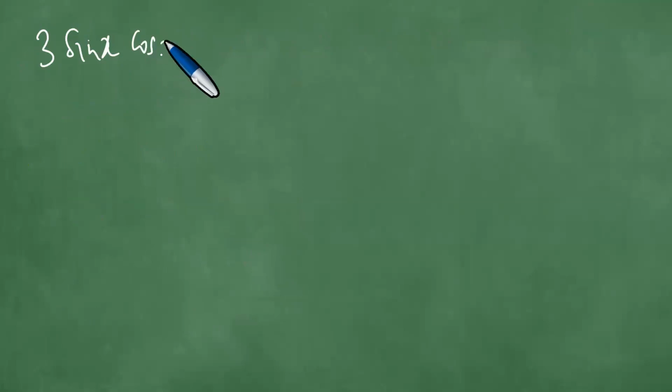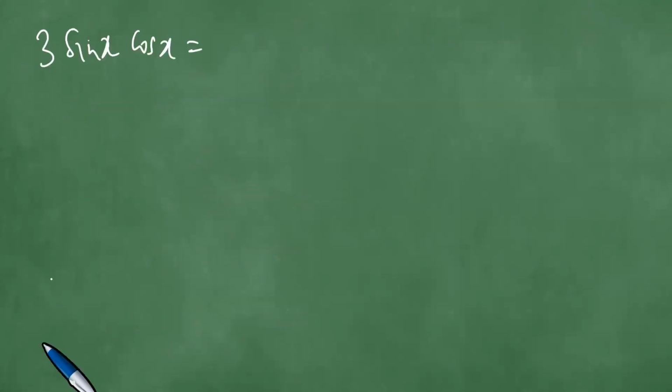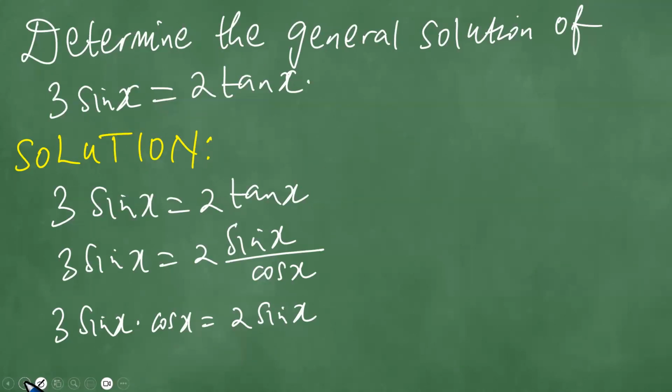Because tan is sine over cosine. Do you agree? Okay, the tangent is the sine over the cosine. And now we cross multiply here. The cosine sits with the sine. So we have 3 sine x cosine x equals 2 sine x.